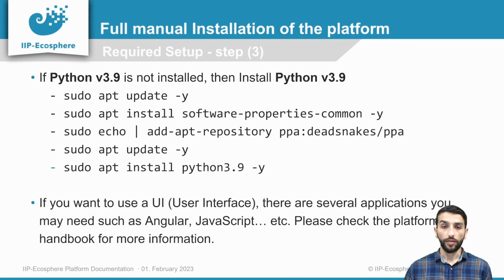Then add the repository using sudo add-apt-repository ppa:deadsnakes/ppa. After that, update the packages again using sudo apt update -y. Finally, install Python using sudo apt install python3.9 -y.